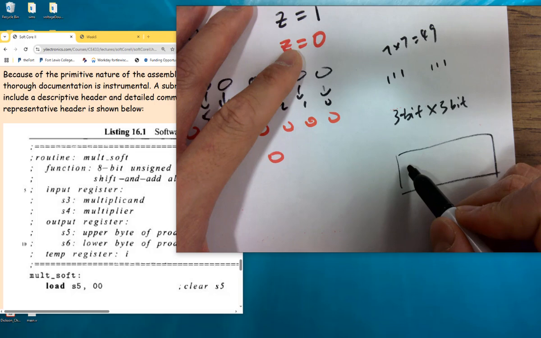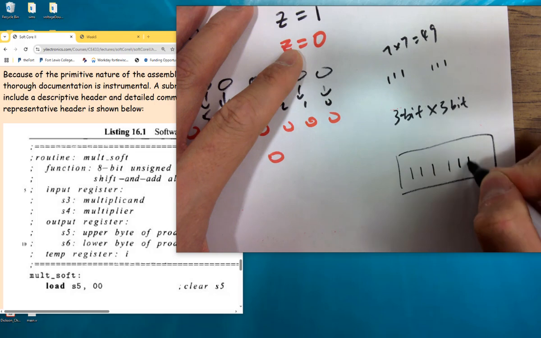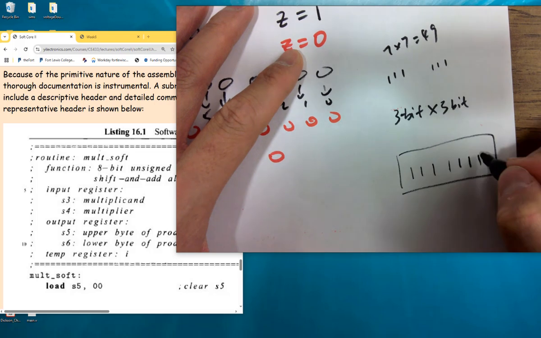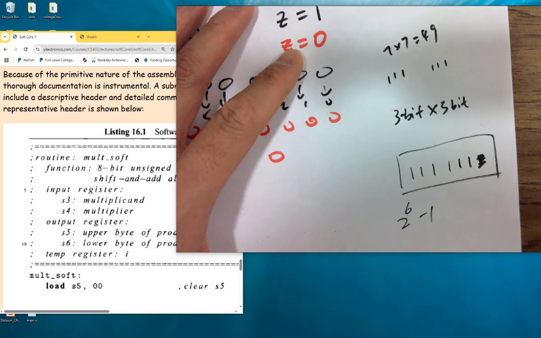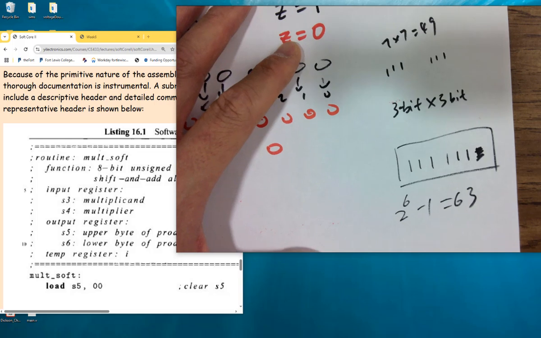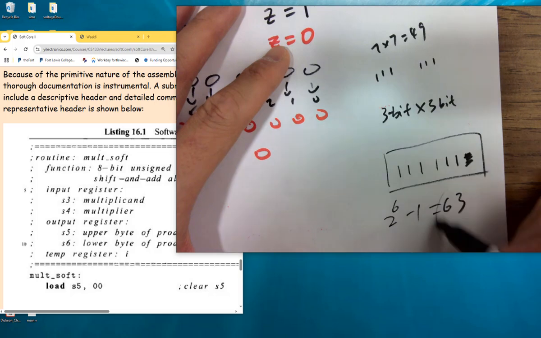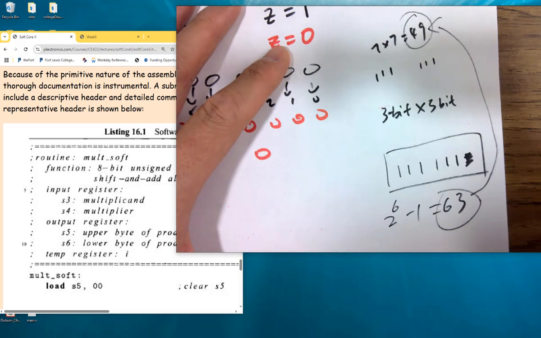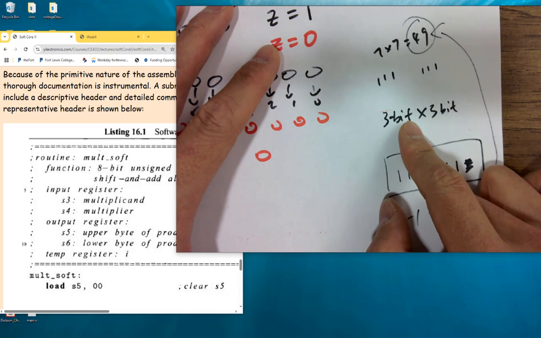The maximum number for 111111 is 2 to the 6 minus 1, which is 63. So 63 is larger than 49. So I think 6 bits is the minimum number of bits we should use for 3-bit times 3-bit.